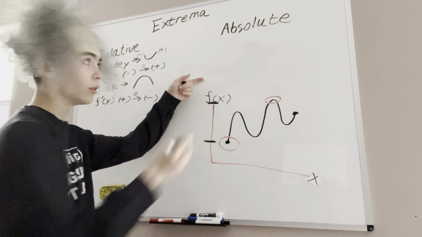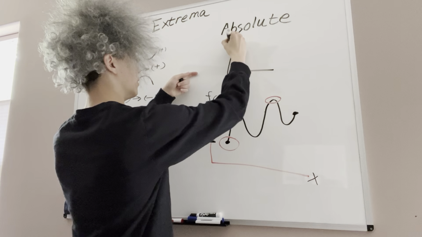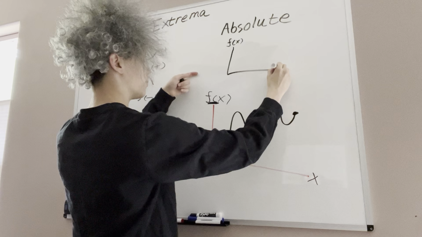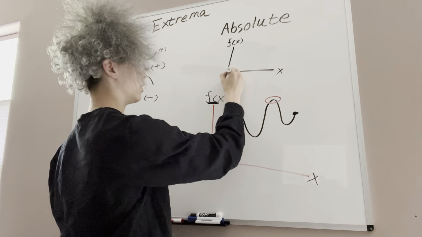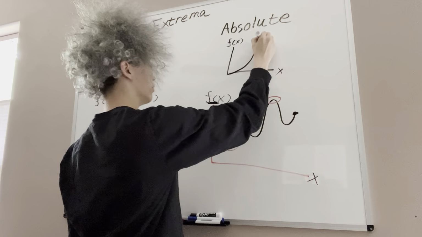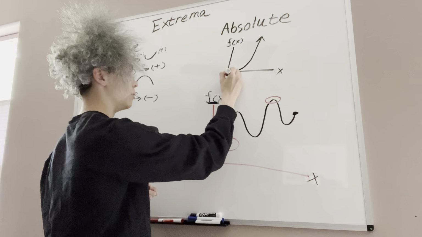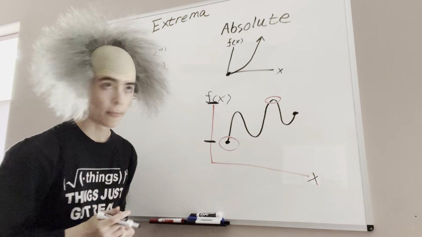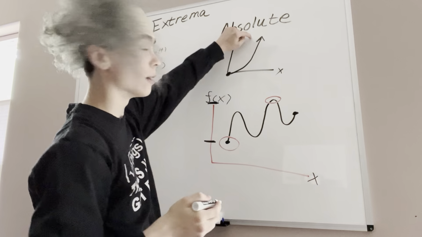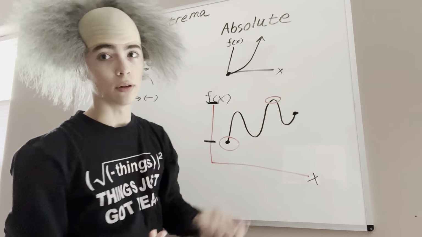Now, I'm going to go up here a little bit, draw another example. This is of f of x as well. Now let's say I just have a function, kind of a quadratic curve, that just goes up forever. Now, if this is an endpoint, okay, sure, this could be an absolute minimum, but over here, this could not be an absolute maximum.